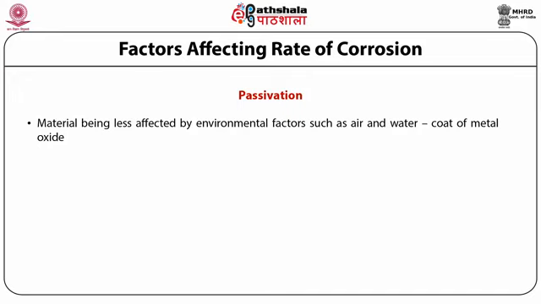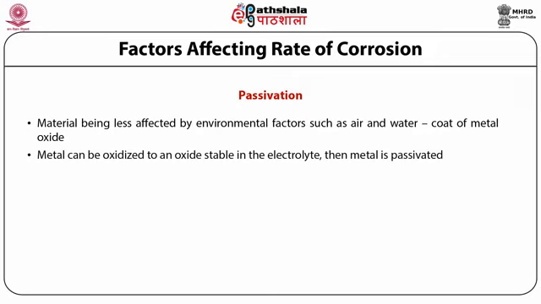If the metal can be oxidized to an oxide that is stable in the electrolyte, then the metal is called passivated. Passivation usually requires strong oxidizing conditions. Thus, corrosion resistant metals and alloys can withstand an aggressive environment because of the presence of thin films of adherent oxide on their surfaces.